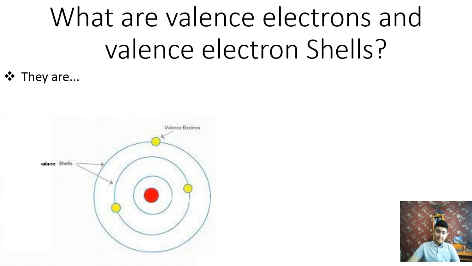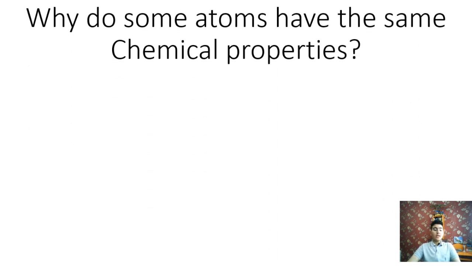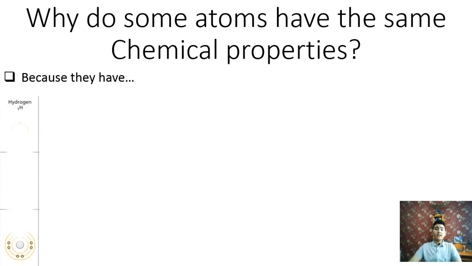But some atoms have the same amount of valence electrons, and so they exhibit similar chemical properties. For example, lithium and sodium, Li and Na, have only one valence electron, and you can see in this picture that hydrogen, lithium, and sodium all have only one valence electron.